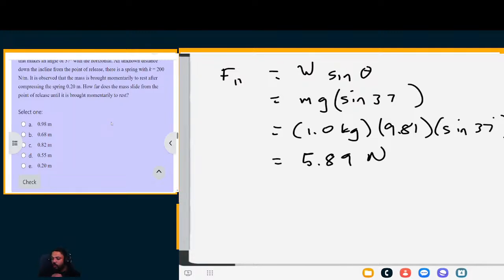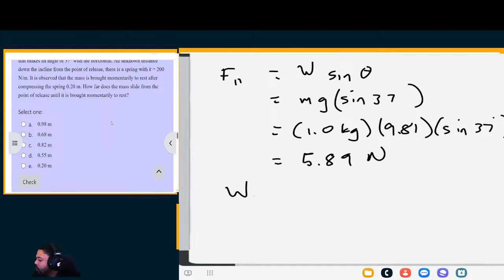Now, pulling the block down, how much work is done by this force pulling the block down? How much work is done by this parallel force?